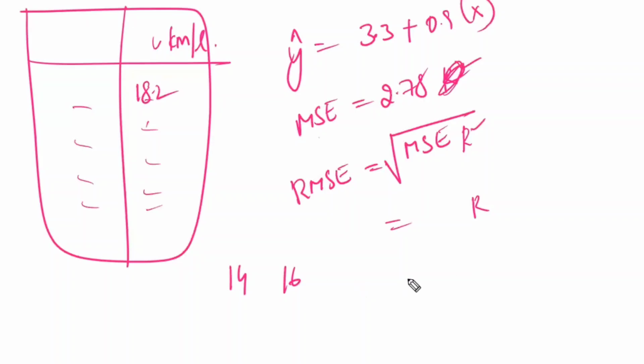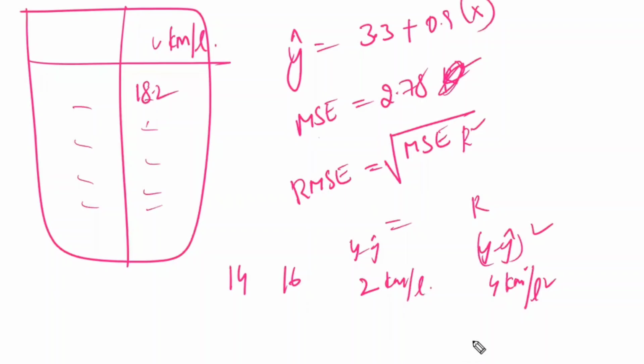The difference, Y minus Y hat, is 2 kilometers per liter. When you square this, it is 4 kilometers square per liter square. When you do the sum, the total will also be in kilometer square per liter square.